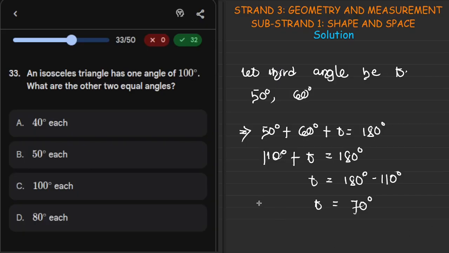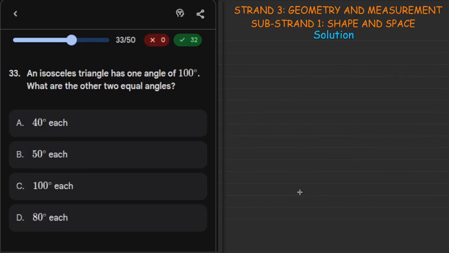And that is our C. Question number 33. An isosceles triangle has one angle of 100 degrees. What are the other two angles? First of all, what is an isosceles triangle? An isosceles triangle is a triangle which has two sides equal.